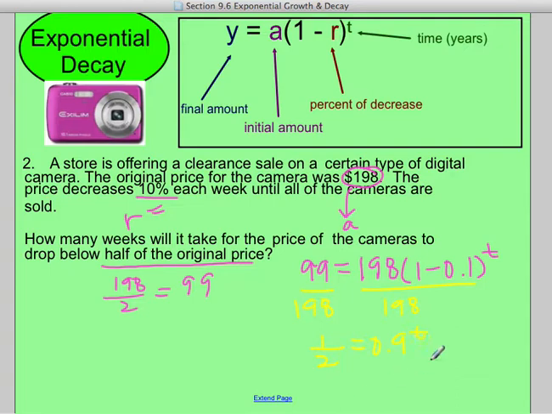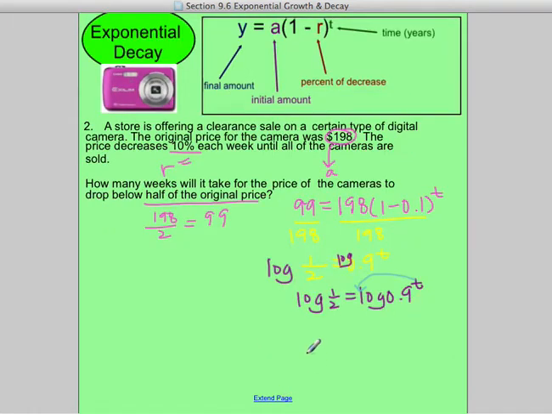And same thing as last time. I have a variable in my exponent, and when I do, I would take log on both sides. So I have log of 1/2 is equal to log of 0.9 to the t. Using my rule, I put that t down in front.